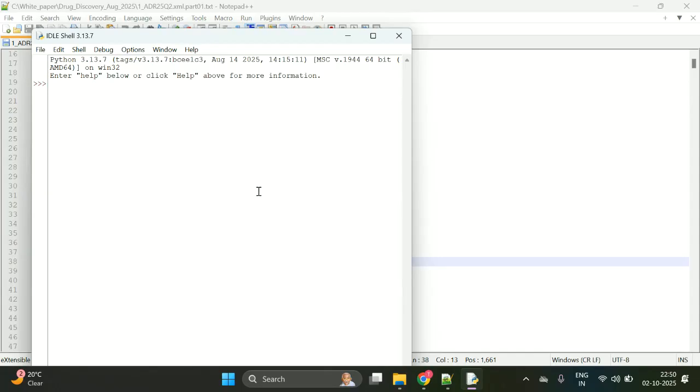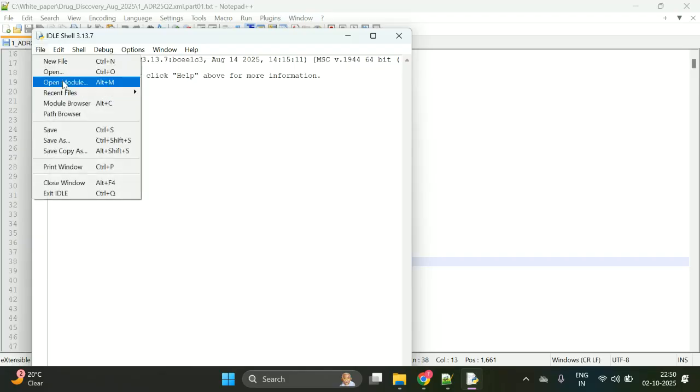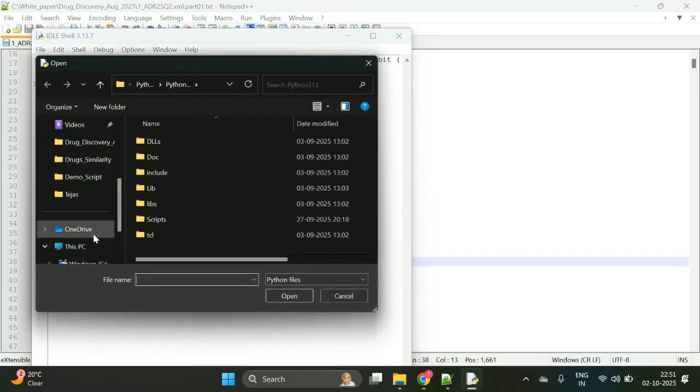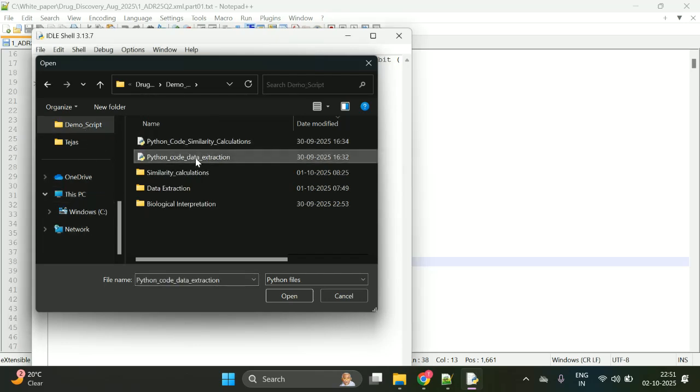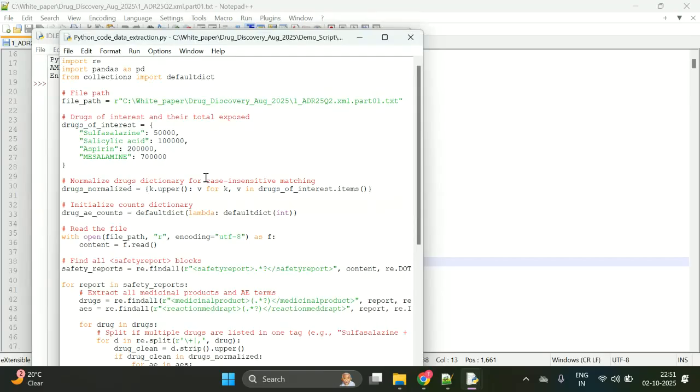We will be working with the E2B R2 XML files, which contain structured data on patient information, drugs, and reported adverse events. Our objective is to extract drug adverse event pairs and count how often they co-occur. Using Python, we will be looping through multiple R2 cases and tabulate all such drug AE pairs.